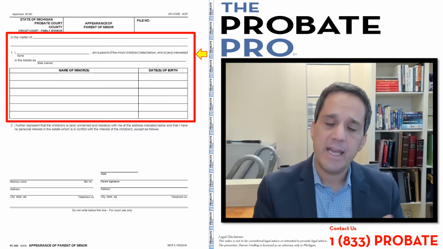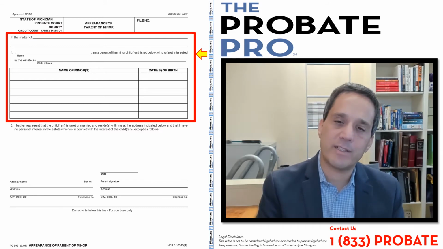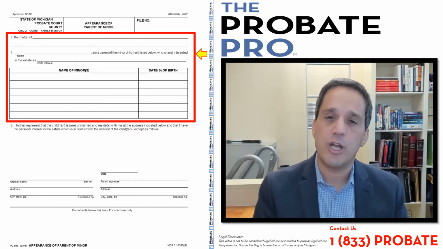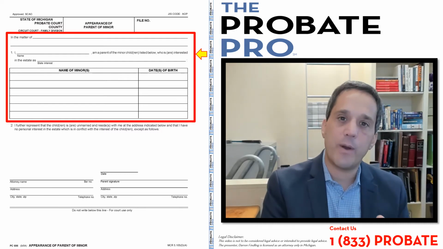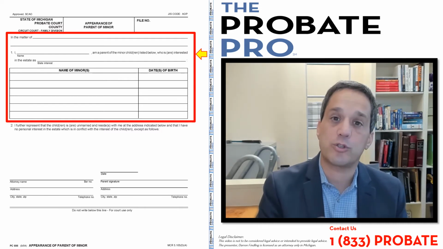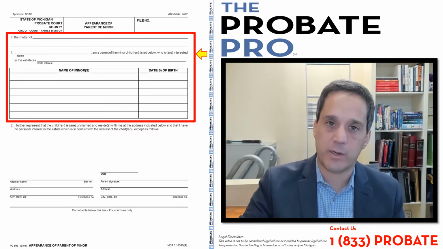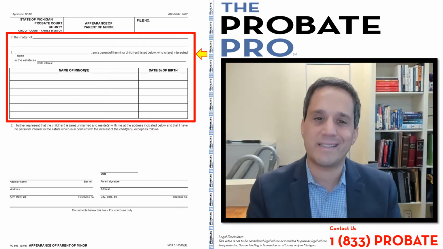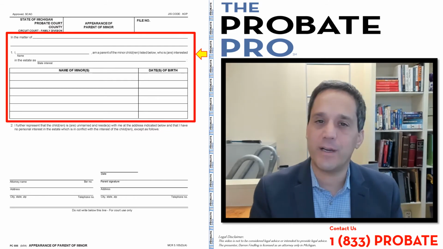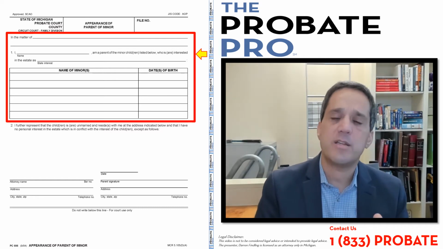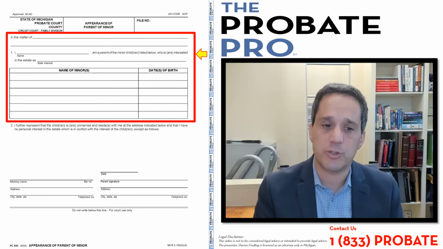So again, this form can be used really for any minor, and the appearance of parent allows you to step into their shoes even if they're over the age of 14, but it doesn't take away from the fact that there's a responsibility to do certain things in terms of service for any minor that is over the age of 14. So to understand the nuances of this particular use of the form or when you'd use it or not, feel free to contact me or speak to your attorney to make certain that you understand when this form is used and how it's used.